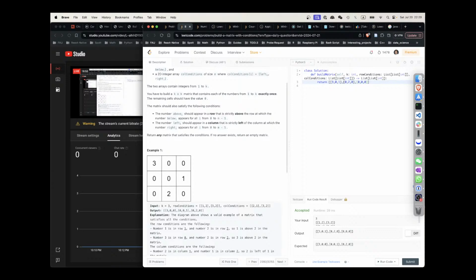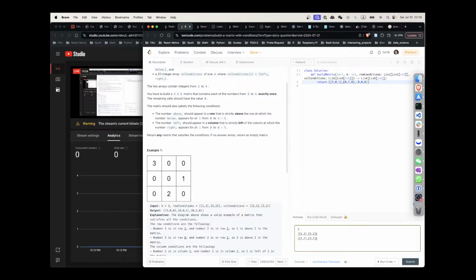So now the question is, what if they overlap? Because it might overlap, right? Like exactly the same. So we say row and column are exactly the same.